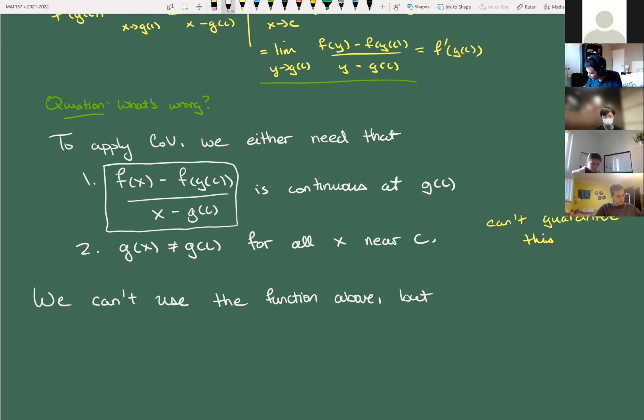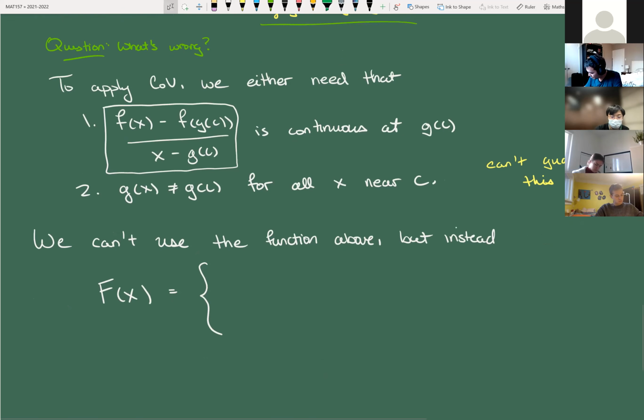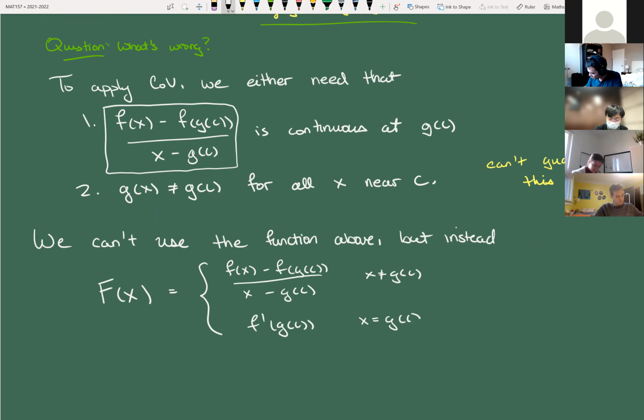But instead, what we're going to do is define this function. This function is continuous.